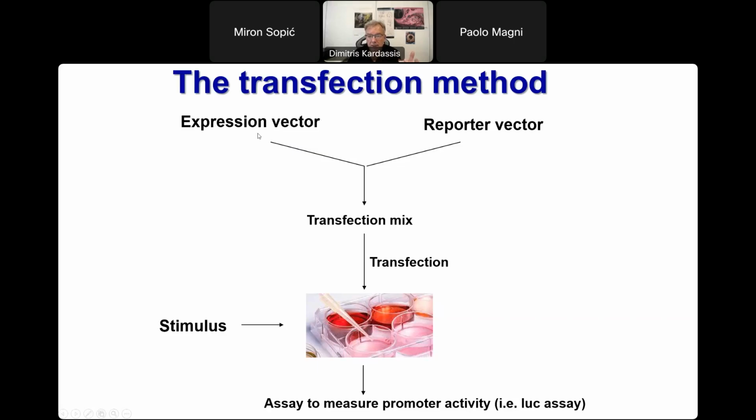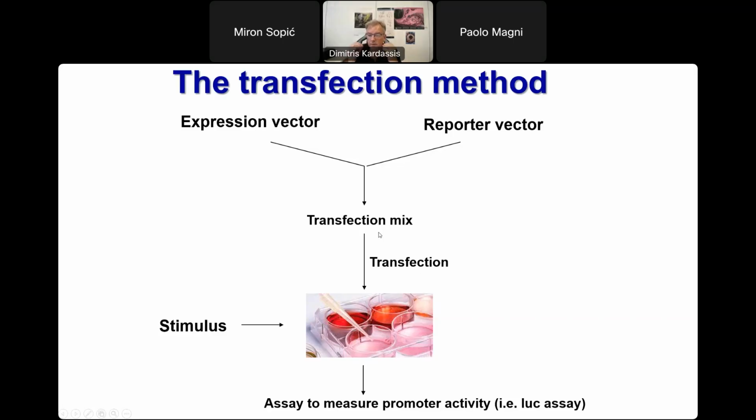You can transfect these two plasmids at the same time and see whether the transcription factor that is expressed from this vector will go and activate your promoter in the other vector. And this will happen inside the nucleus. So if this protein is a transcriptional activator of your promoter, we'll see more luciferase when we analyze the extracts from the cells.